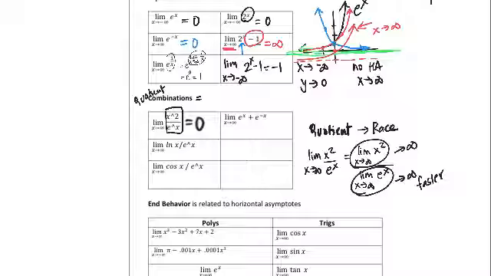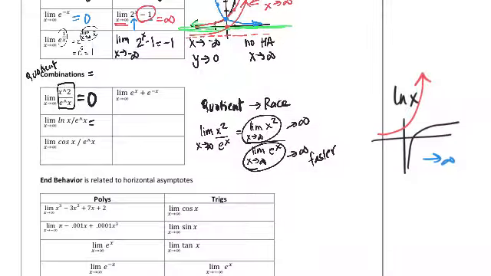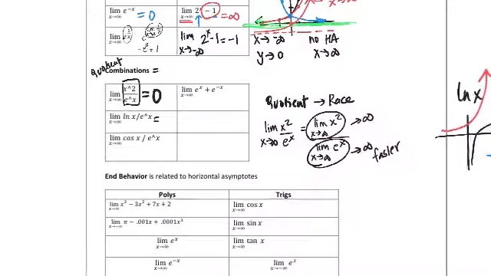When you look at something like ln x over e to the x, ln x grows much more slowly than e to the x. Ln x is the graph that looks like this. It grows actually very slowly. E to the x is the graph that looks like this, which grows very fast, right? So as x goes to infinity, both of them are going to go to infinity, but e to the x is going to go a whole lot faster.